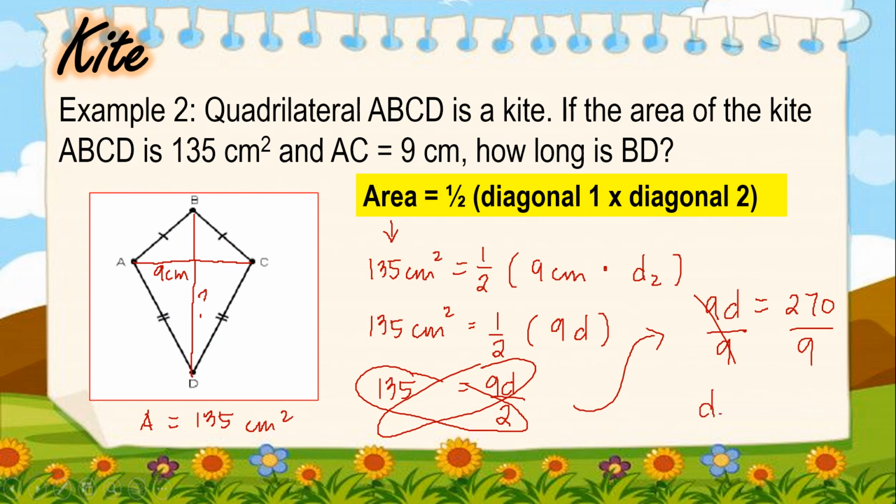Therefore, the length of diagonal 2 is 270 divided by 9, which is equal to 30. Therefore, we can say that diagonal BD is equal to 30 centimeters.